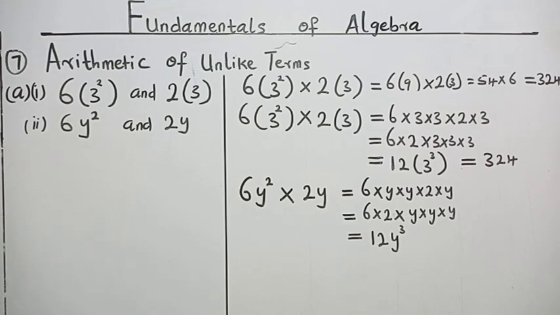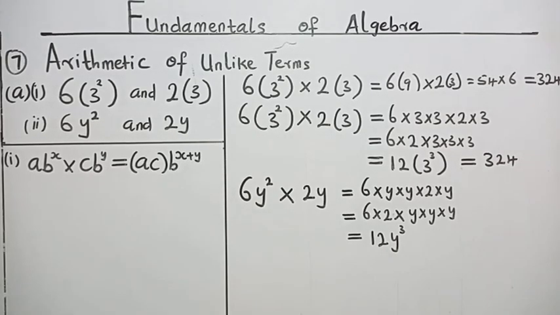Instead, the law will represent the multiplication of 2 unlike terms that possess the same variable, but the variable exists in different powers. Please permit me to use this space to write the law of multiplication of 2 unlike terms that differ in power only. And here comes that law.